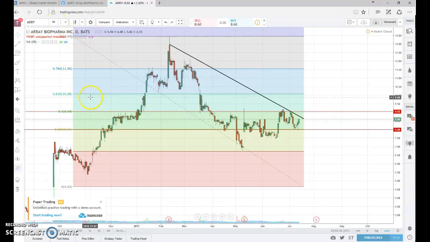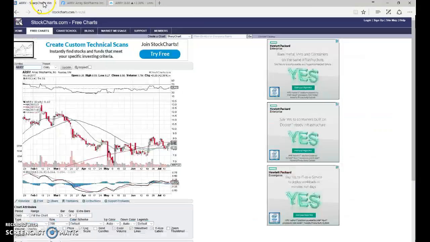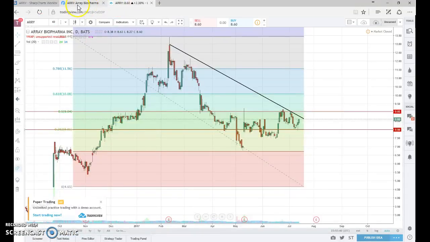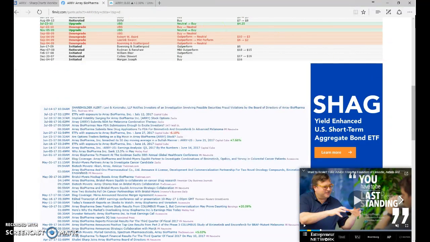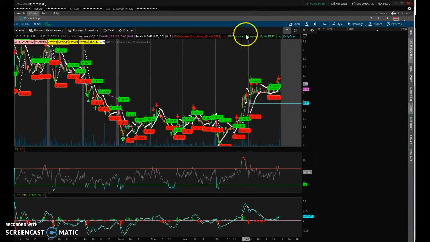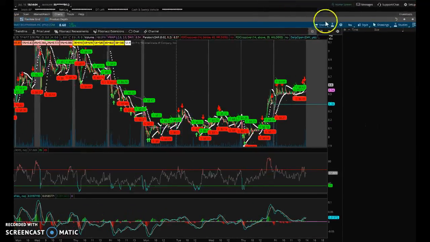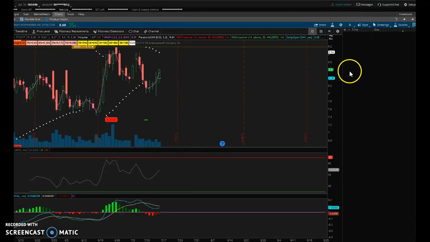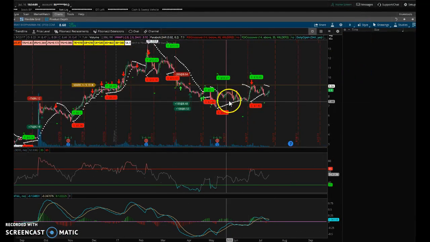So that's the way I do my watch list. Like I said, my three websites that I use, and then I also go to Thinkorswim, and then I look at indicators. I look at the RSI. Let me see if I can pull this up for you guys. I have a lot of indicators on this one here, but I go to the daily chart and look at the RSI.